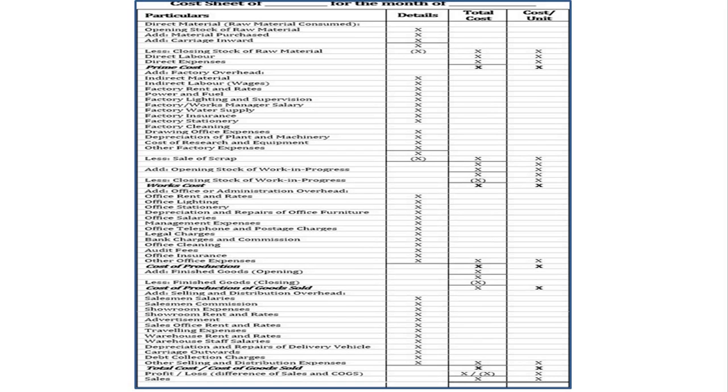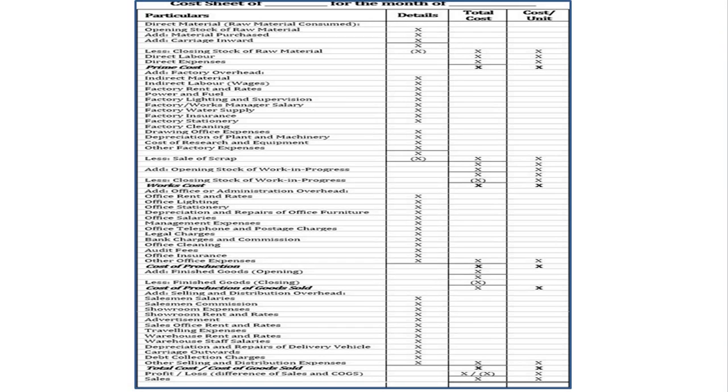That will be the amount you take to the outer column. Other than that, if there is an opening stock of work in progress and closing stock of work in progress given in the question, then after calculating the total of factory overheads, to the total amount add the opening stock of work in progress and subtract the closing stock of work in progress.